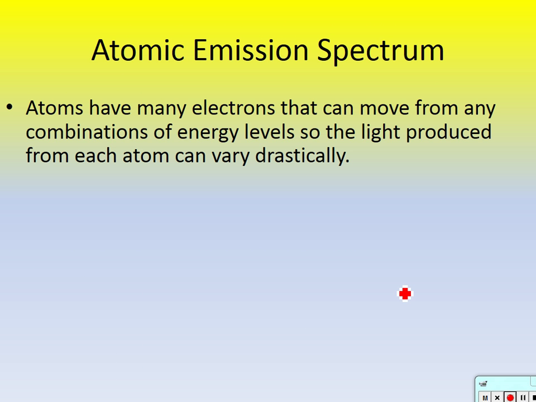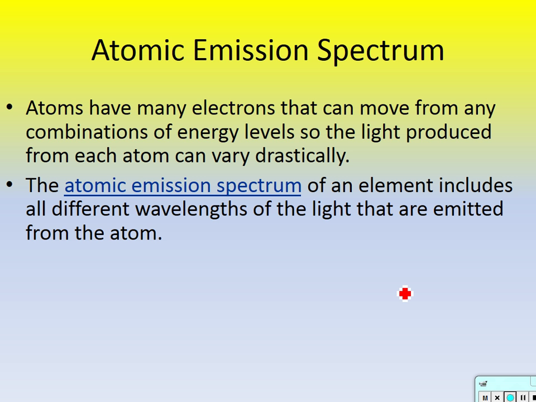So atoms have many electrons that can move from any combination of energy levels. So the light produced from each atom can vary drastically. Every atom on the periodic table has different amounts of electrons, and all these electrons are moving up and down, back down to ground state, giving off light, in any kind of combination.